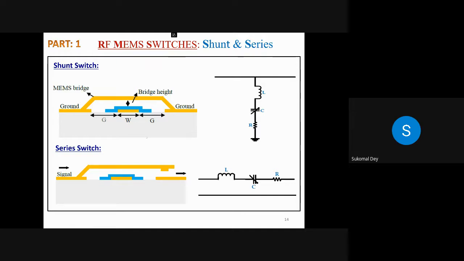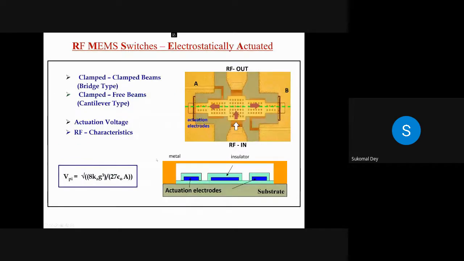Now, I will give you a nice animation by which I believe this particular concept will be much clearer to you. Look at this particular figure, which is a fabricated image of a particular switch, and it is a shunt switch, where you can see that this is the RF input line, this is the RF output line, and the side view is shown over here with a schematic, where the middle line, where the insulator is written, is the center line.